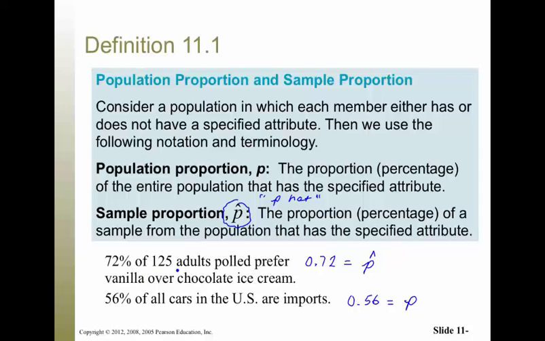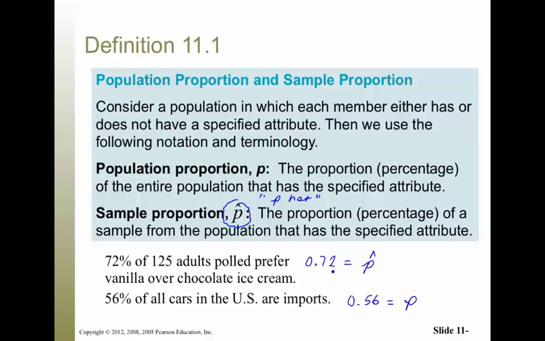Now suppose I took another poll of a different 125 adults. Am I going to get 0.72 for P hat? Ashton says no. What do you guys think? If I pull another 125 people, am I going to get 0.72? Maybe, maybe not, right?